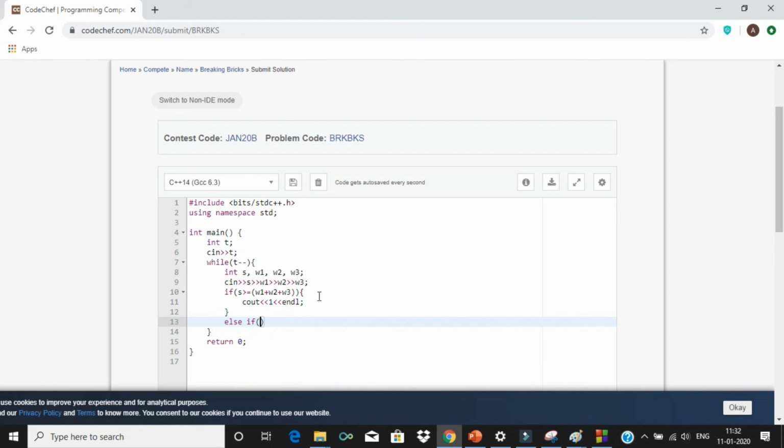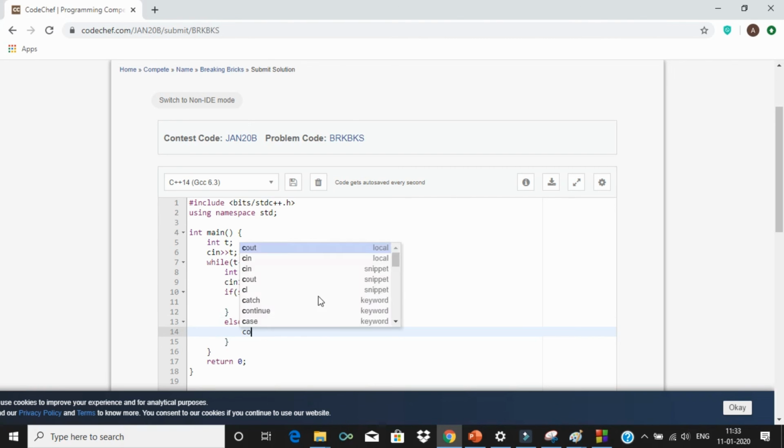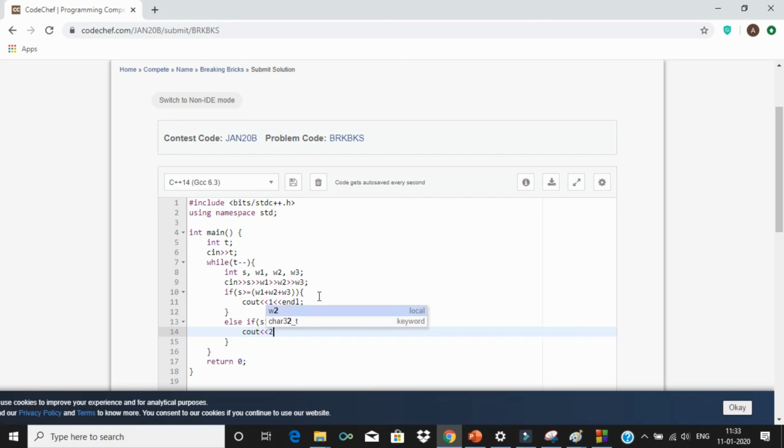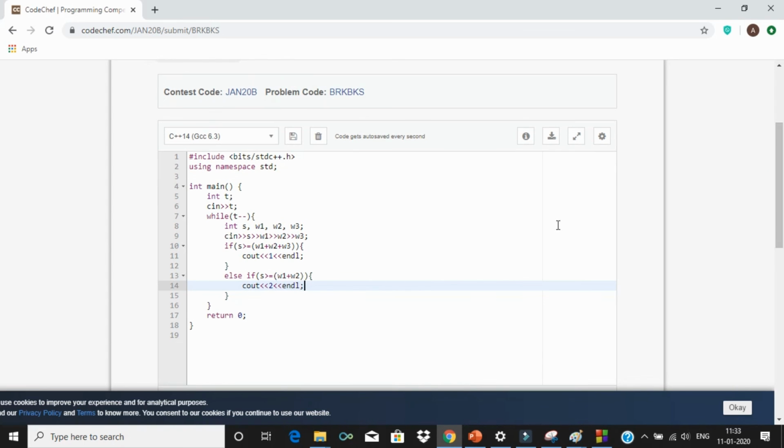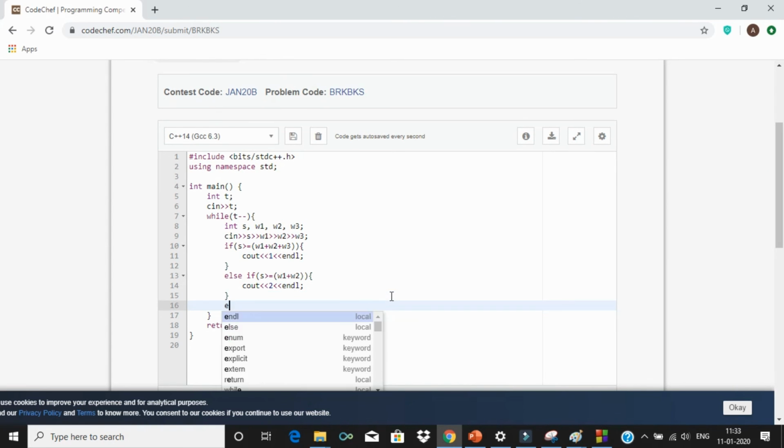Else if S is greater than or equal to W1 plus W2, because we are not doing any reversal, we will print 2, because according to the question, Ada can always break all the bricks. That means W3 will be hit in the next blow.